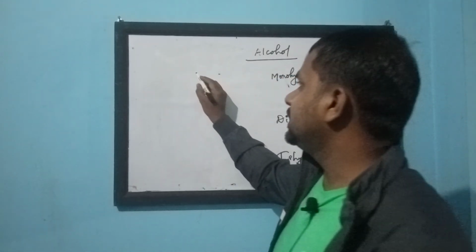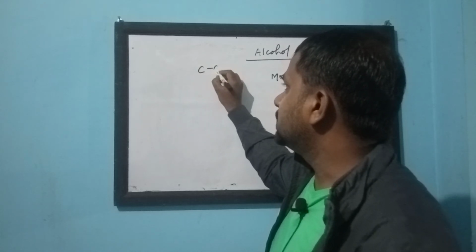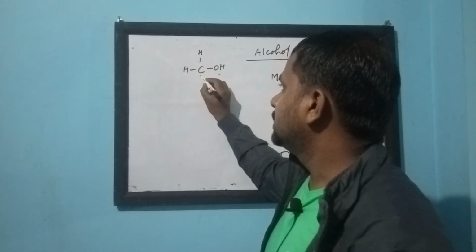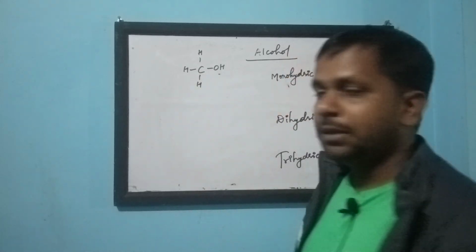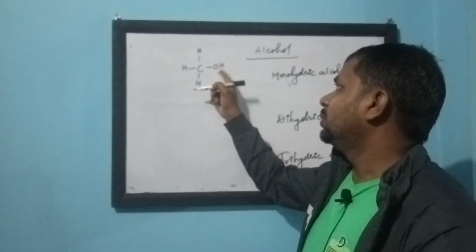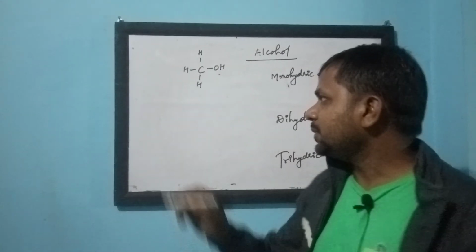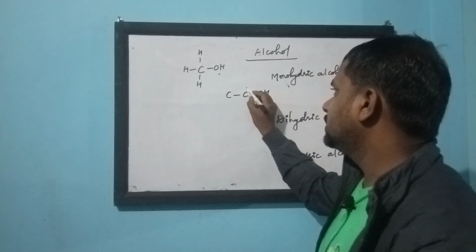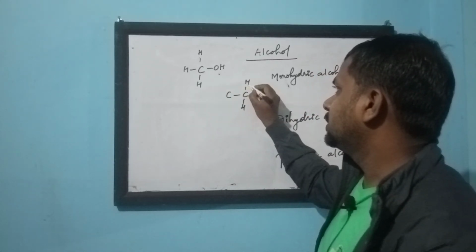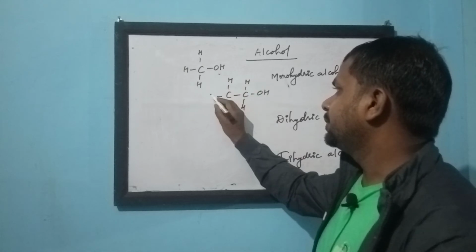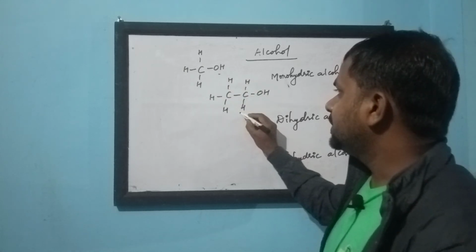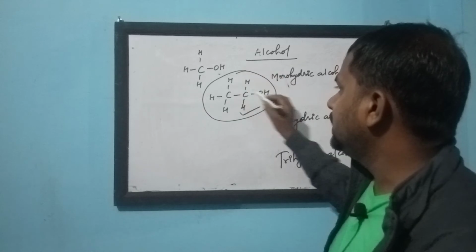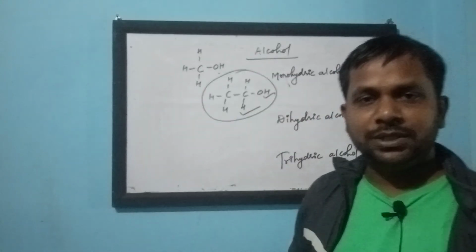What is monohydric alcohol? Suppose any alcohol is formed like this. They have only one OH group, or any alcohol like this, a two carbon alcohol. When you observe this compound, in this whole compound only one OH group is present.